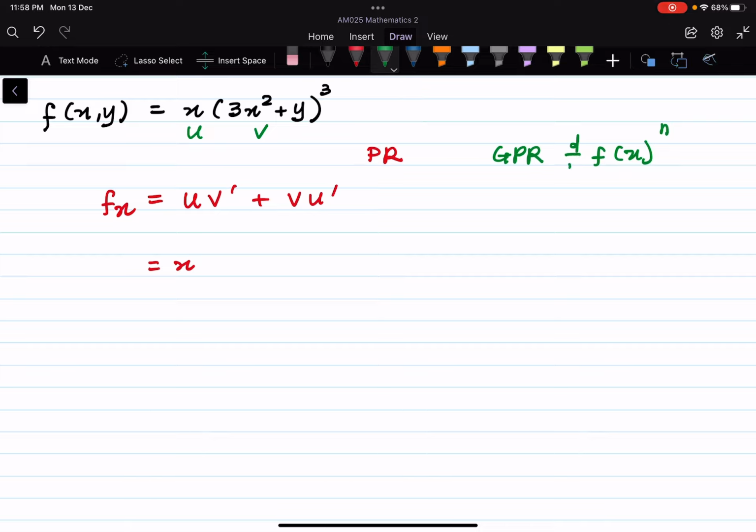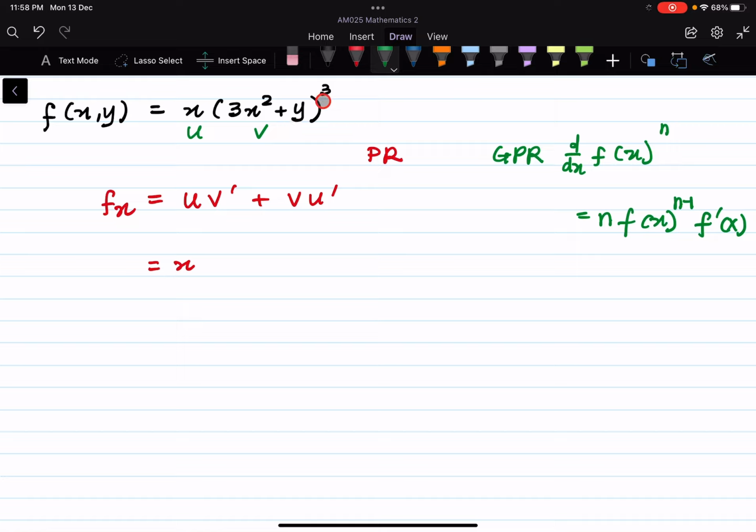To differentiate f(x) to the power of n, we bring down the power, copy down the function, and the power minus 1, and differentiate.